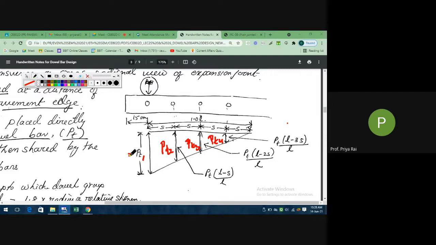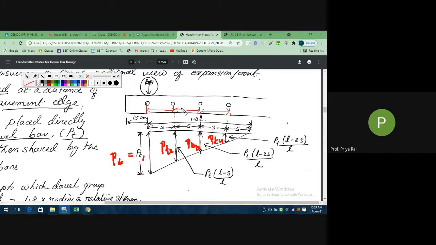We have assumed PT1 as PT. Now tell me, what is the gap between the individual rods? What is this gap known as? The gap between two successive reinforcement bars is known as, what do you call it?